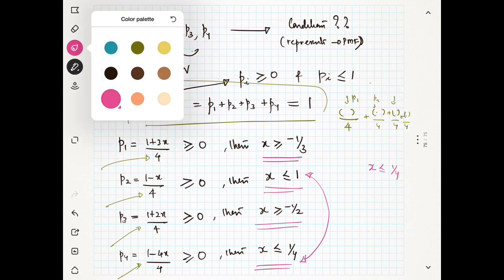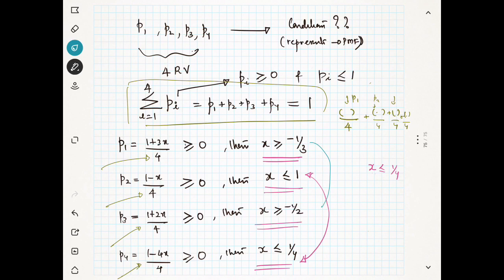Next, if I compare the other two, you see here x should be greater than minus 1 by 3. Which is greater, minus 1 by 3 or minus 1 by 2?